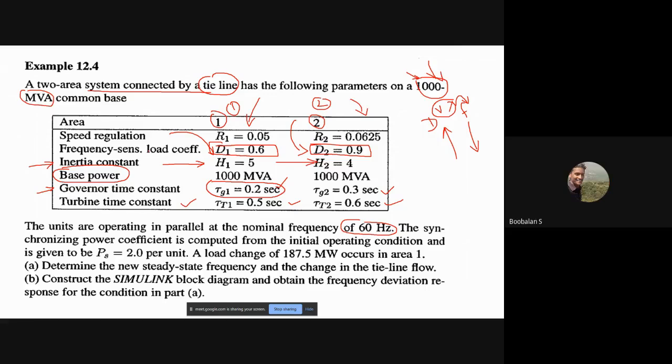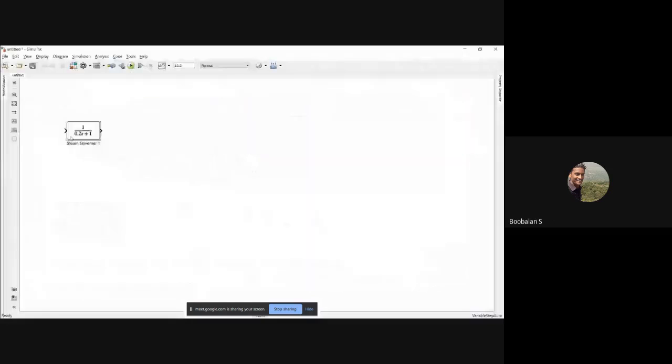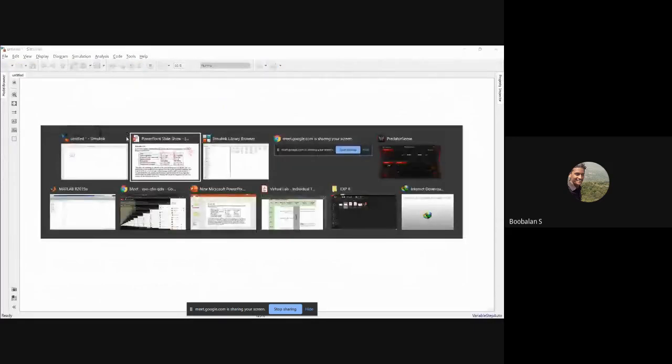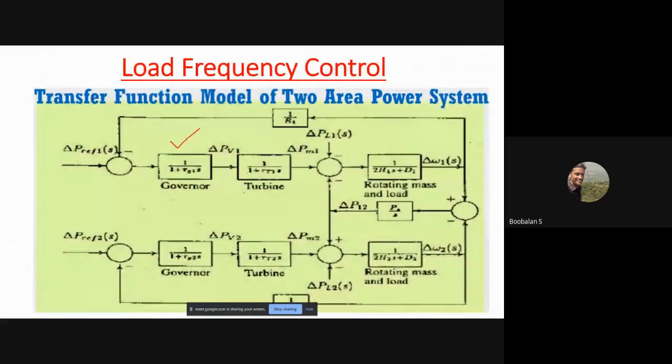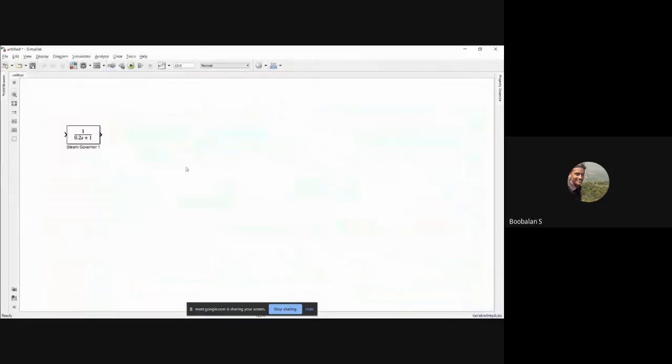Yes, sir. Yeah, now the steam governor is given, and next we go with the turbine. So the very first governor is complete, and we go with the turbine. Next, I need one more transfer function to represent my turbine. So turbine one, turbine area number one. Somewhat interesting today also, right? So this is a somewhat interesting topic.